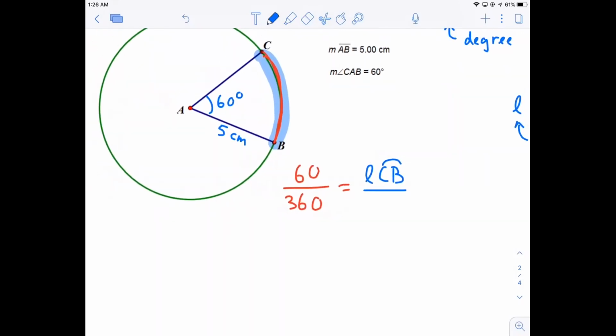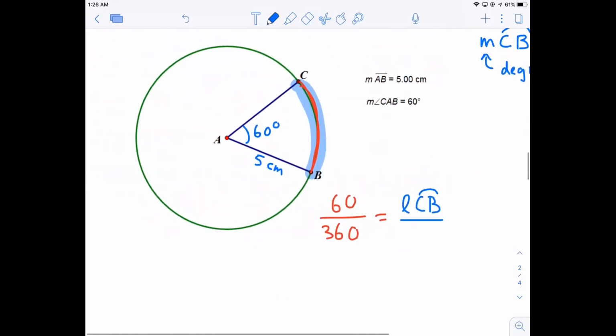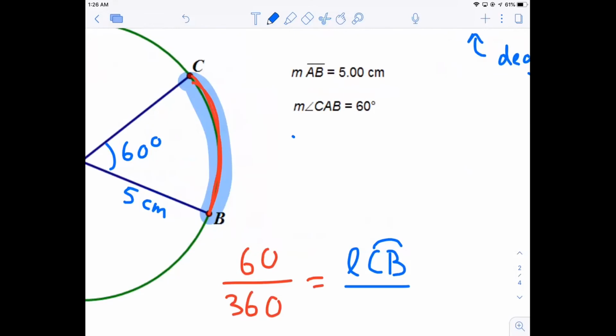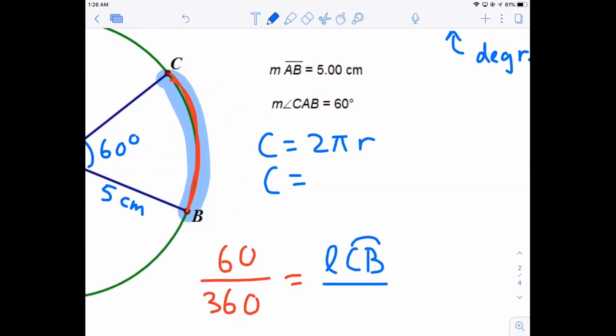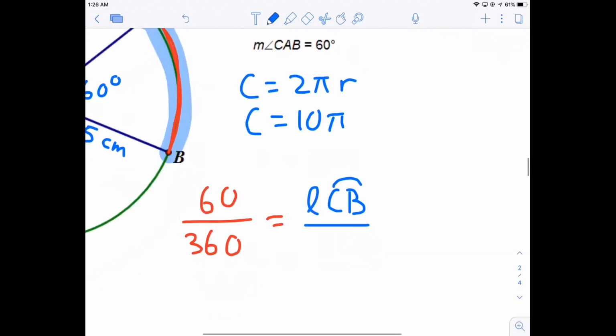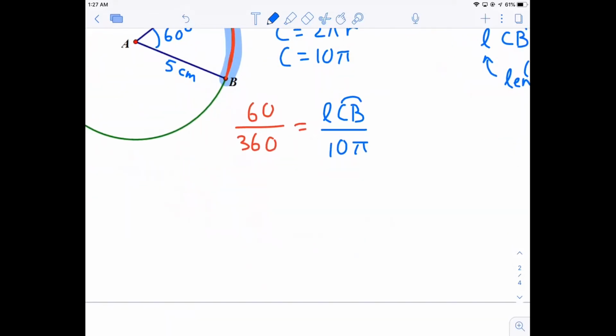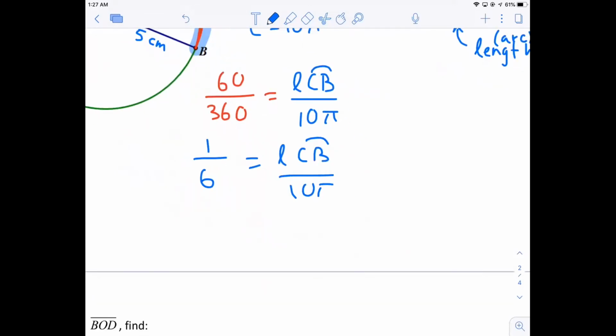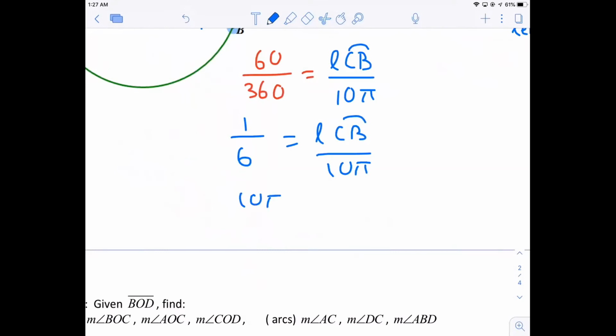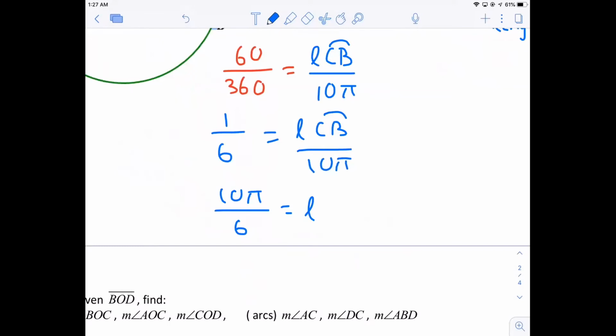And how can I find the circumference? Well, circumference of a circle is equal to 2 pi r. So circumference here is going to be 2 pi times 5, which is 10 pi. And 1 over 6 equals that. And I can say the arc length of CB is 10 pi over 6, if you want to reduce that fraction.